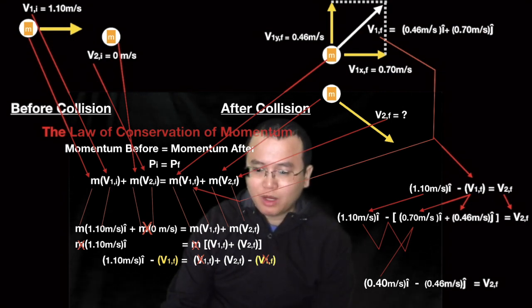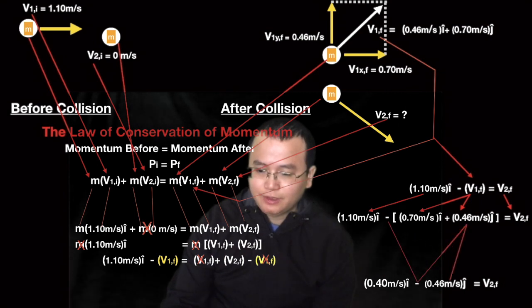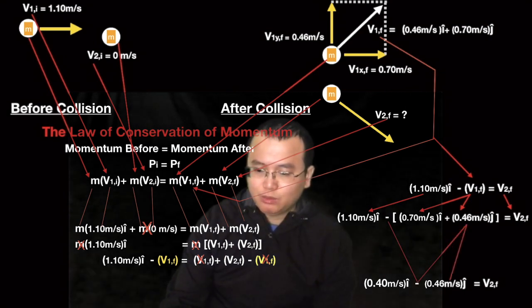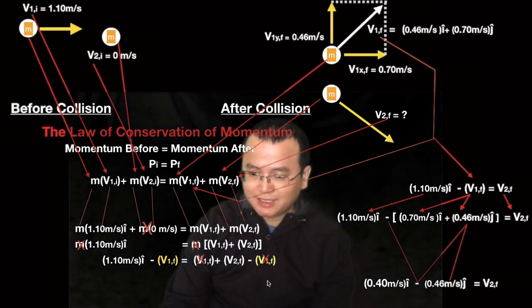I just take 1.1 minus 0.7. That's how I get 0.4. And then I just minus 0.46. Remember that I have a minus out here. That's why it's a minus sign down here.